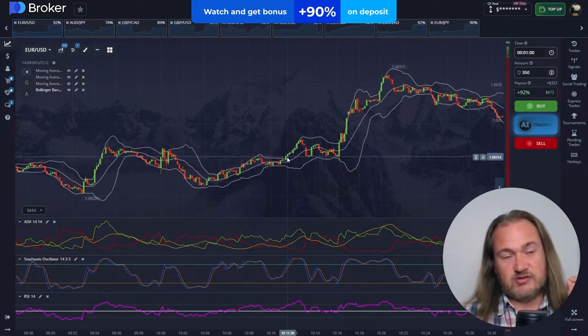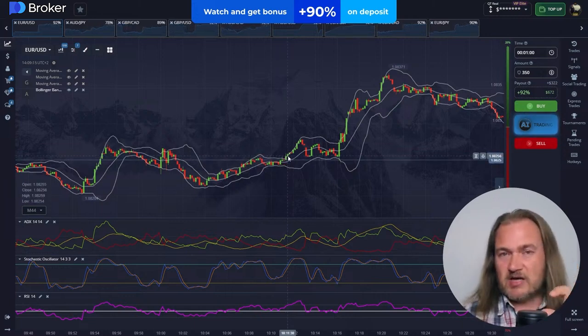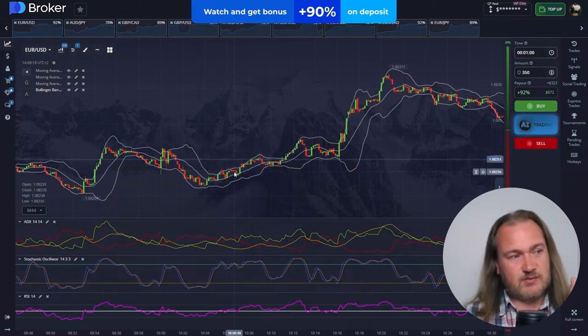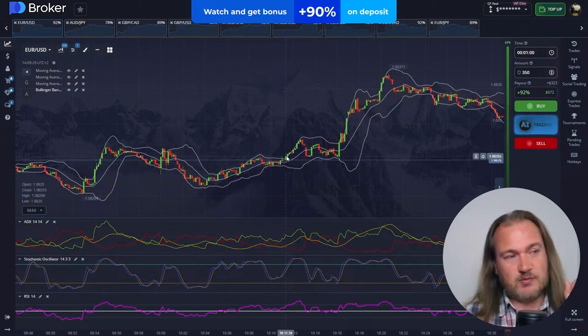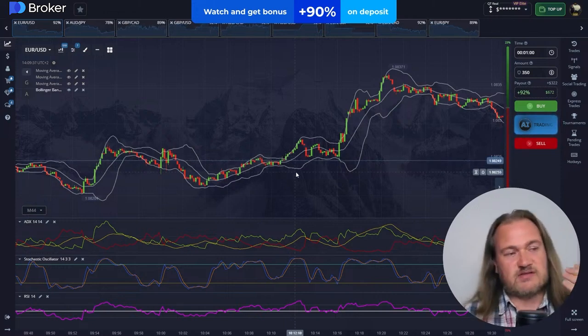But when price does start running and the Bollinger Bands start opening up, price will often continue in that direction for a while, as we see here. So we had the bands close and squeeze for quite a bit, and then when it finally opened up to the upper side, price ran for quite a bit and we could have entered a buy trade there. If it opened to the bottom side, we could have just opened a sell trade and expect the same.